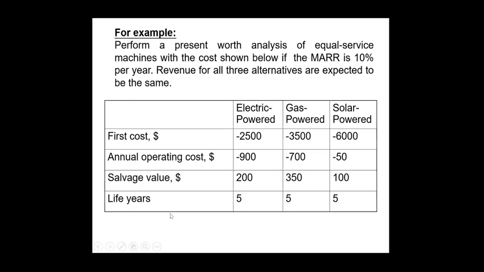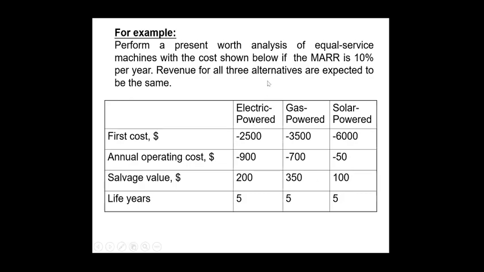Okay, and at the end of 5 years for each alternative, we have the salvage values here. That means we put upward arrows at the end of 5 years with the values of 200 for the first alternative, 350 for the second alternative, and 100 for the third alternative.